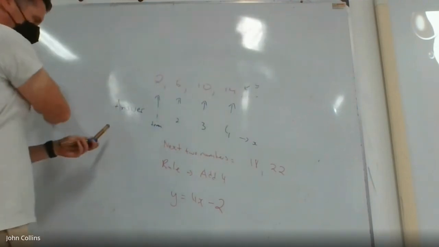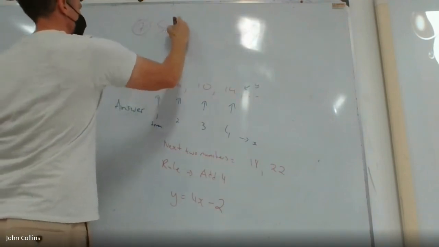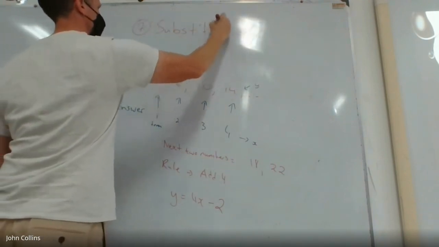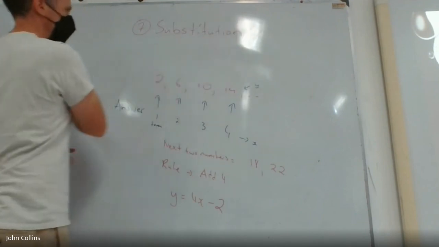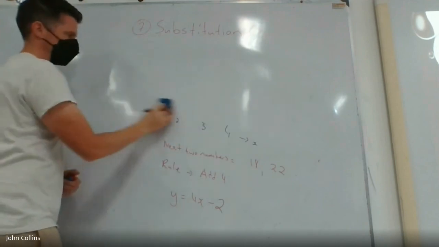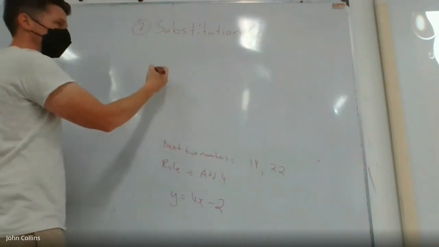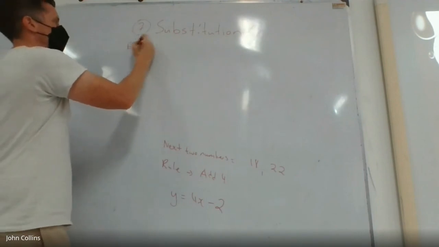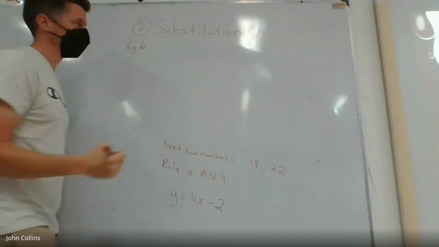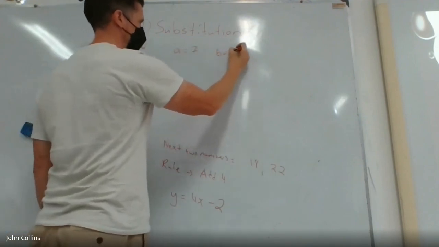Substitution into formulas. This is where you're given what the values of the letters are. So for instance, A is 7 and B is -3.